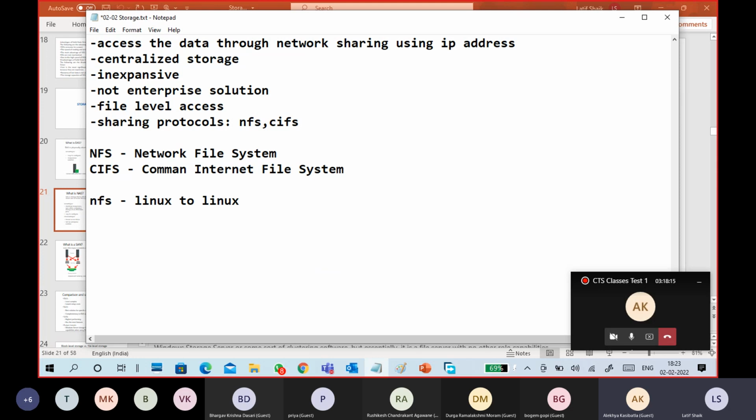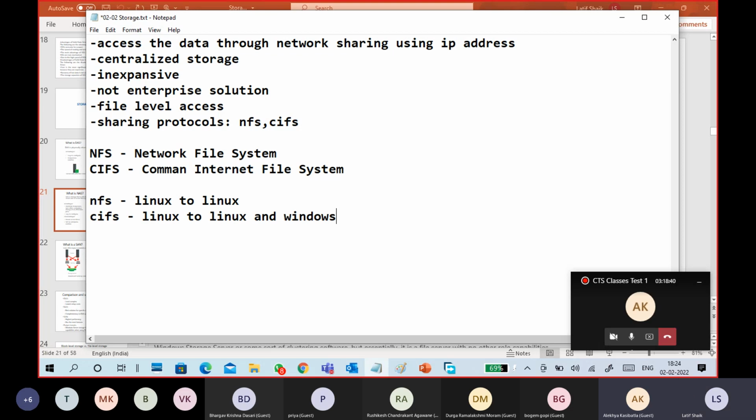Linux sharing your files uses NFS. CIFS is usually Linux to Linux and Windows also: Windows to Linux, Linux to Windows, Windows to Windows.